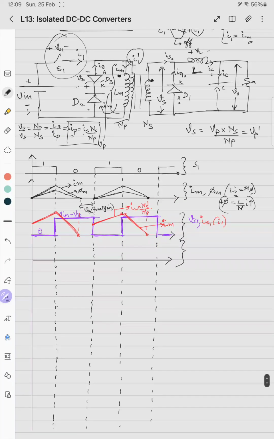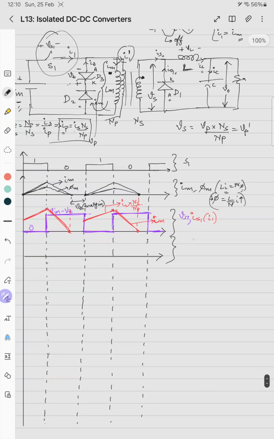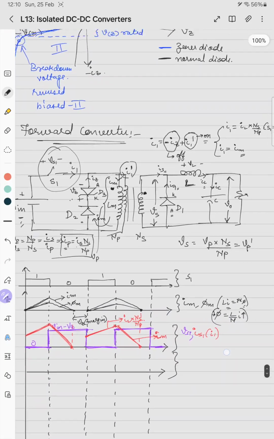There is no meaning in drawing the waveform of the Zener diode, because when the switch is on, the Zener diode is forward biased, so Vz becomes 0. When it is off, Vz becomes constant Vz.